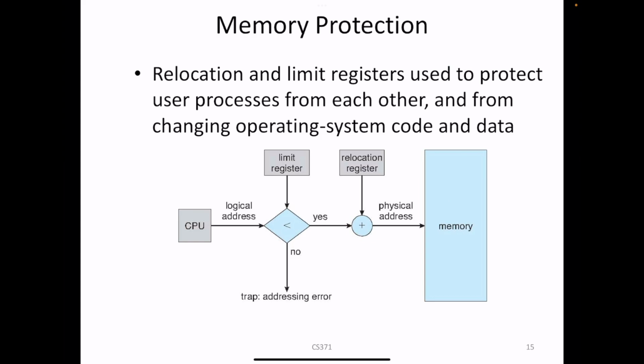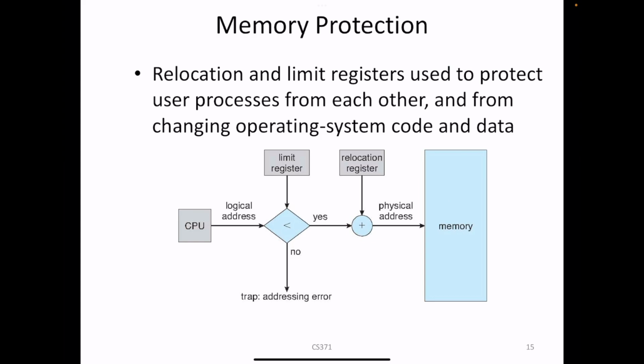The limit register contains the range used to check whether the provided logical addresses are legitimate. If the logical address is less than the limit register, it is valid. Otherwise, an addressing error will be triggered. Then we use the MMU to dynamically map the logical addresses to physical addresses.